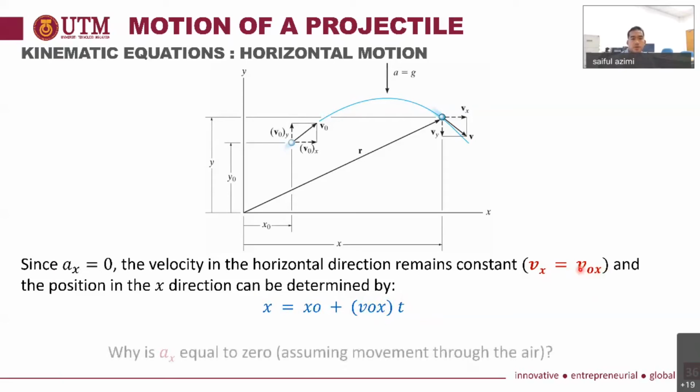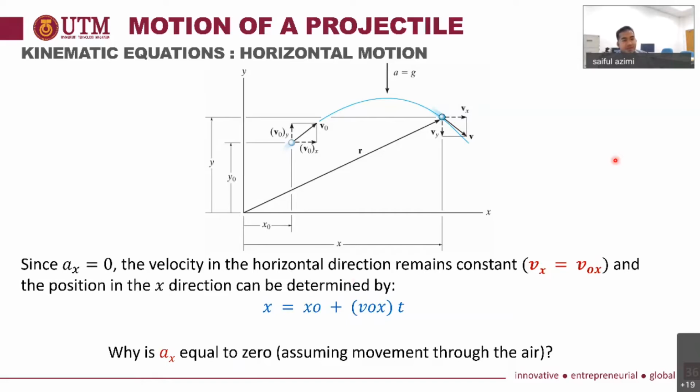Right. So why is Ax equal to 0? Assuming movement through the air. Do you know why Ax is equal to 0? Not sure?